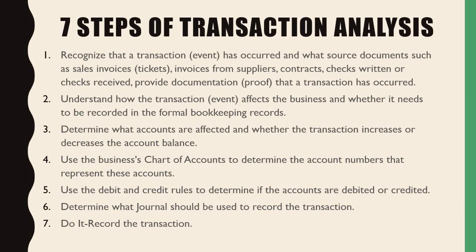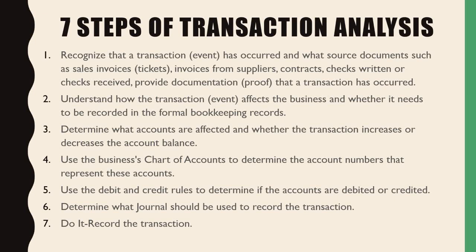As a rule of thumb, you want to pay off a business credit card as soon as possible, usually within 30 days of the transaction. So I increase the liability, so I need to use a credit. Boom, there you go. I have a perfect debit and an equal and opposite credit.